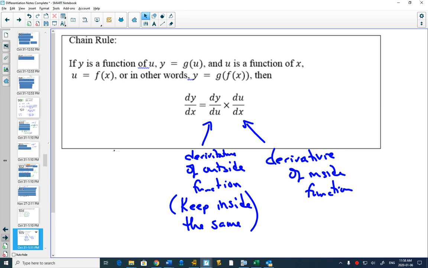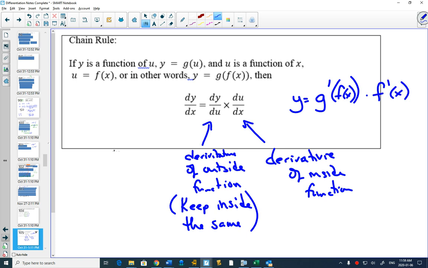Again, in this particular one, the notation isn't necessarily easy to see. Okay? I think it's easier to see in Newton's notation. The derivative of the outside function, keep the inside the same, multiplied by the derivative of the inside function.